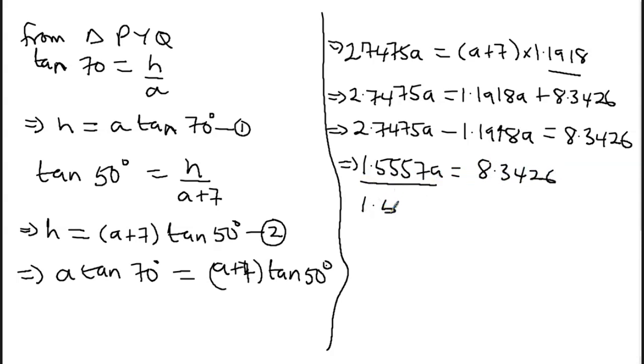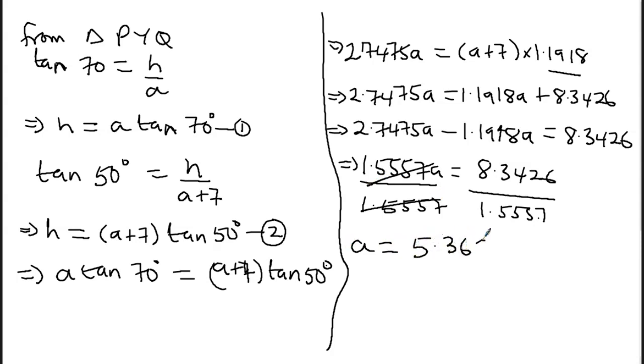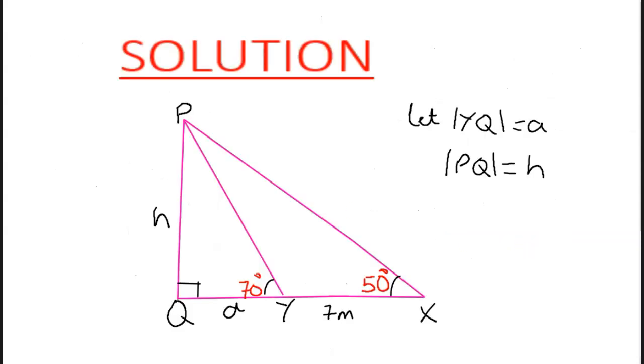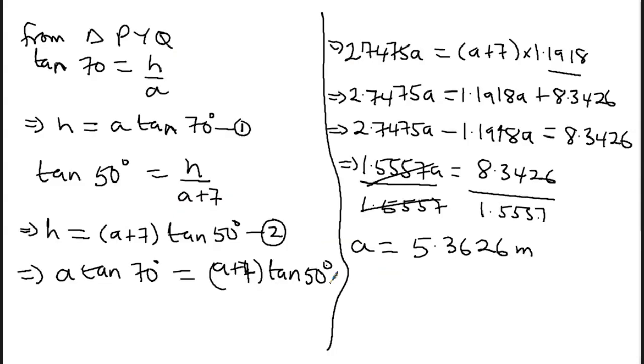Divide both sides by 1.5557. So this will cancel that. When you divide, you get a equal to 5.3626 meters. You were asked to find correct to two decimal places.